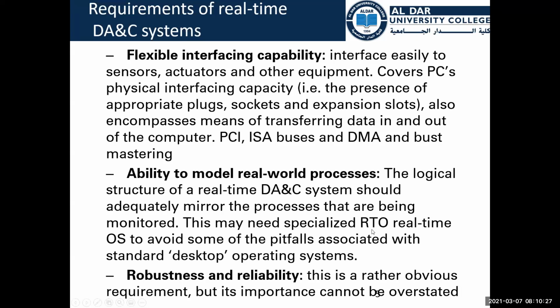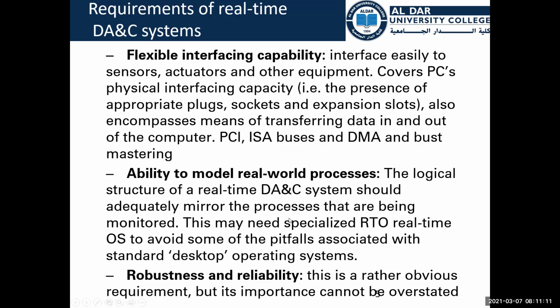Maybe this is the first time you hear about a real-time operating system, RTOS. It is a specialized operating system for dealing with the physical world. It is fast compared to Windows and Linux because it is specialized to be fast and to handle the input-output interface.